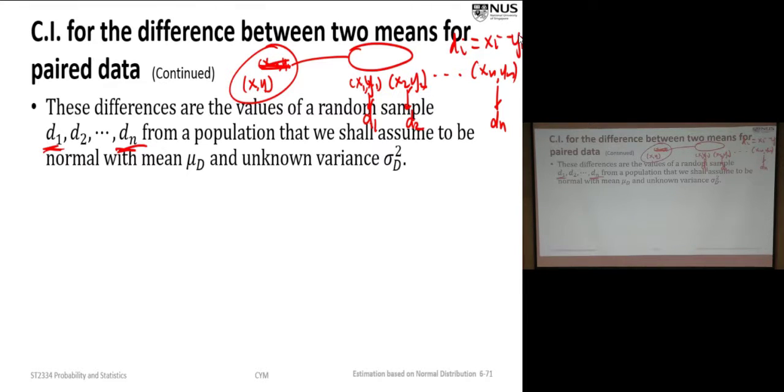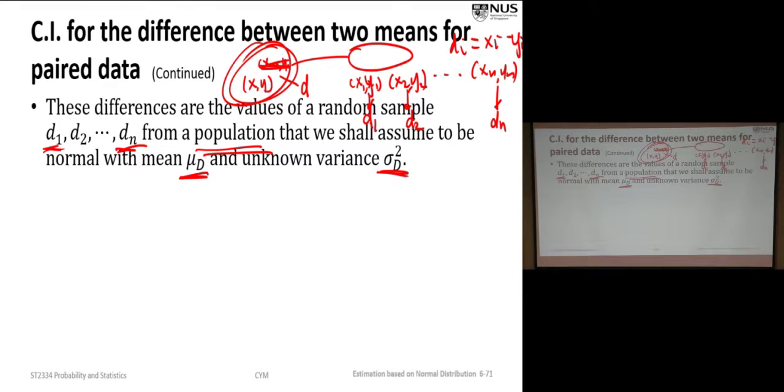All right. So I can consider that for each individual, although I can measure their before and after weight, I can treat it as just D. So in other words, I have individuals in this population, each one I got the D, which is the difference between Xi and Yi. And I assume that this D follows a normal distribution with mean mu D and variance sigma D squared.